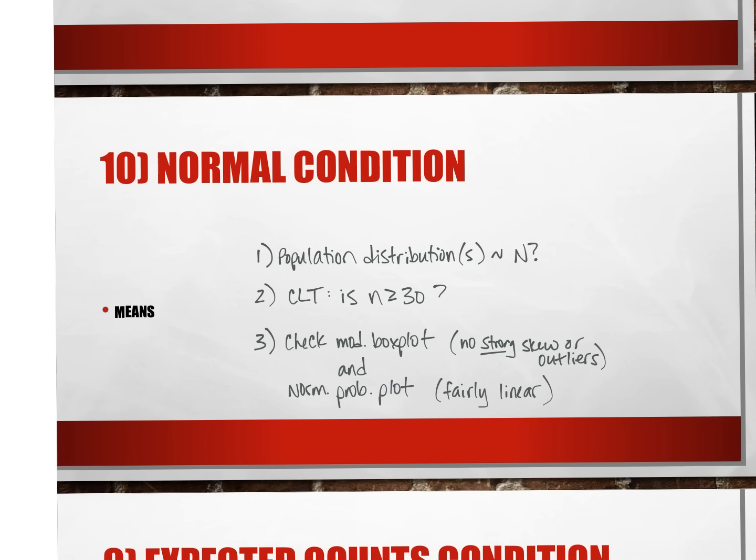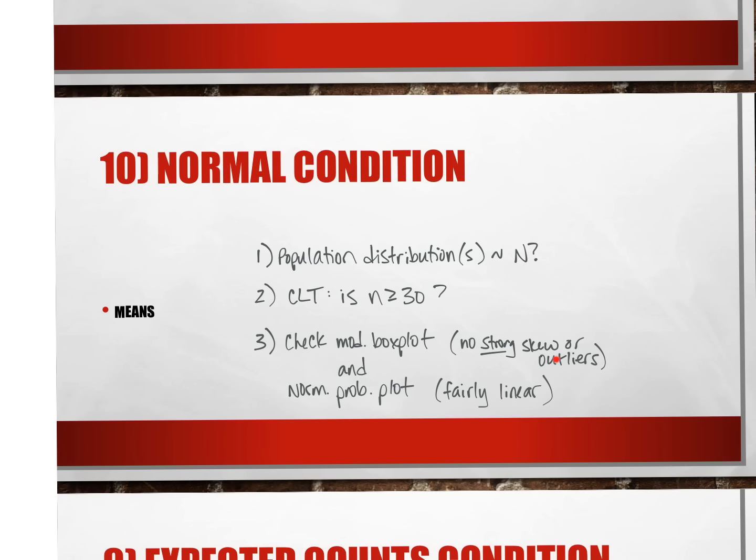Scenario number 3, that's your worst case scenario. That's when you check the modified box plot and the normal probability plot in the calculator. Sometimes they will give you these plots and you'll just have to discuss what they look like and why it's okay to proceed. But remember, in the box plot, you're looking for really, really strong, crazy looking skew. It'll probably be a little bit skewed, but you want it to not be super crazy skewed looking.